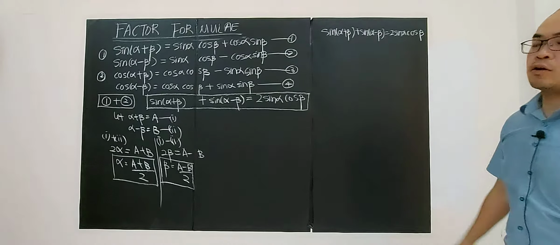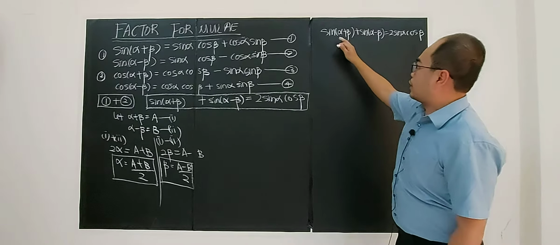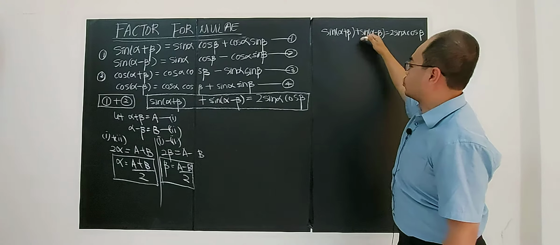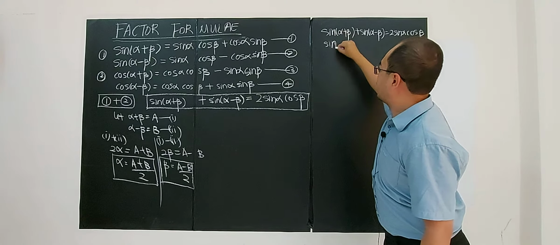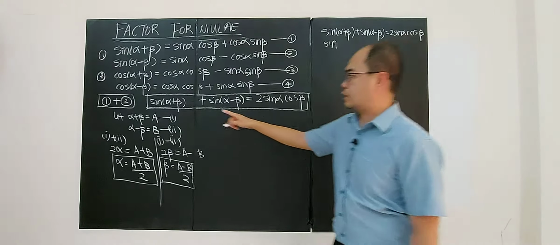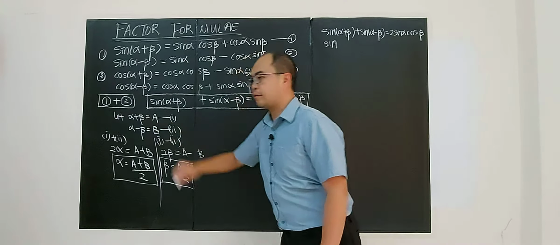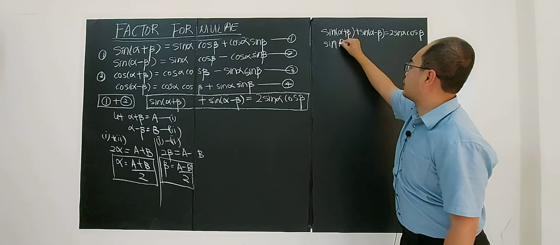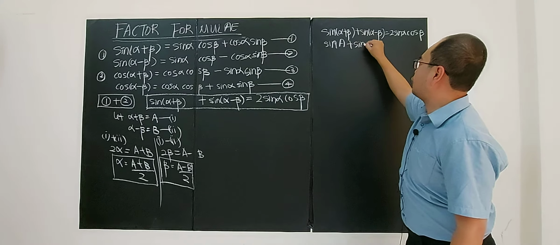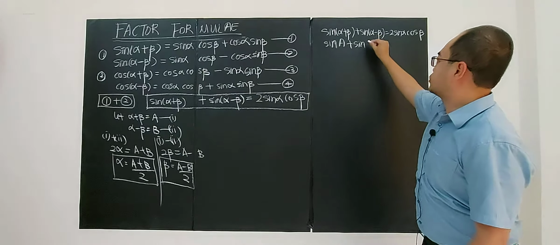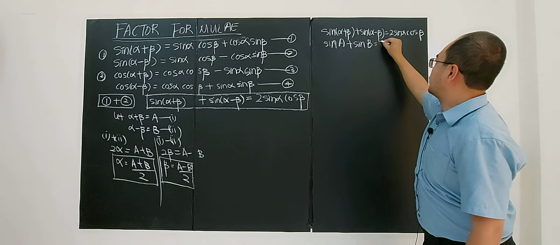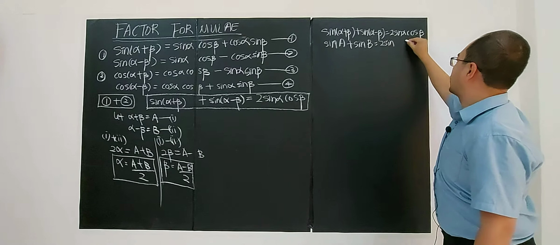You can also convert this into another form, in which you replace alpha plus beta with A, so it becomes sine A, and alpha minus beta is B, so it's sine B. And sine cos here.